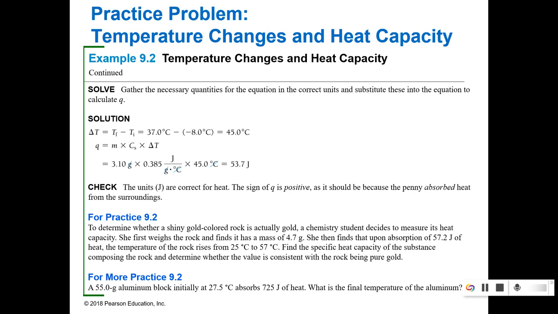Okay, let's see. For more practice, 9.2 is good. 9.2 is similar to the one we just did, except it gives us heat. I do want to do this bottom one though, so it gives us Q is 725 joules. It gives us mass, 55 grams. Aluminum.